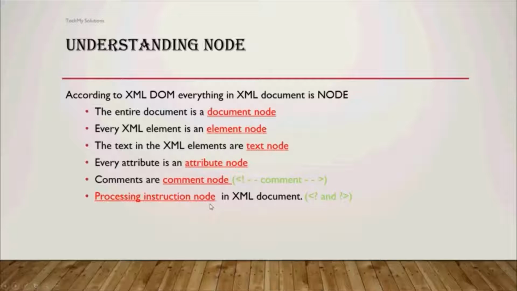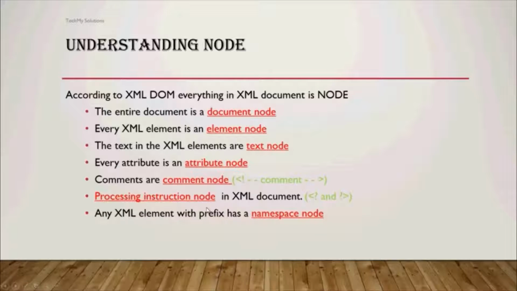The XML document might contain what kind of styling it is going to use when it is going to render the page on the web page. So those style sheet information will be present under the processing instruction. So if that type of node needs to be retrieved, the processing instruction node can be used.